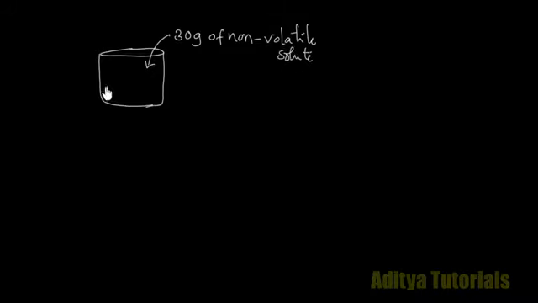Okay, and the solvent is water. The solvent is H2O, that is water. And the solvent taken should be around 90 grams of water. That should be the solvent here. After that, the vapor pressure of this solution. This should be case 1.